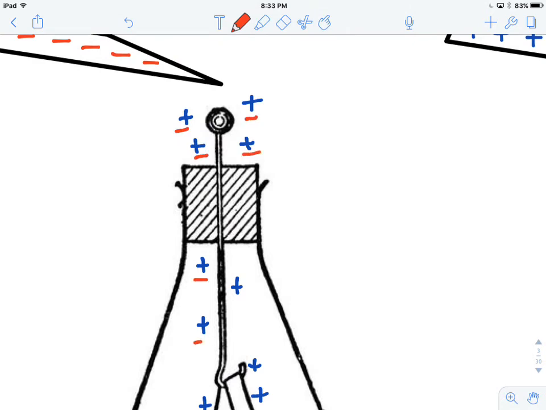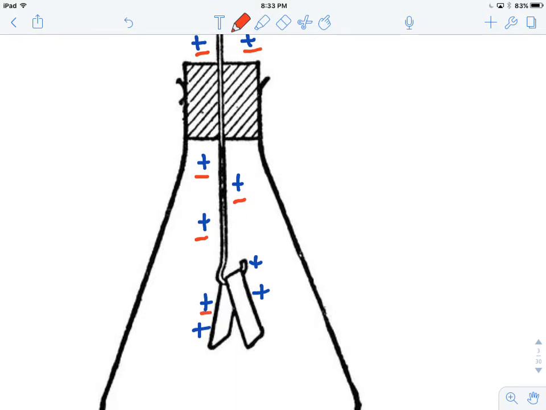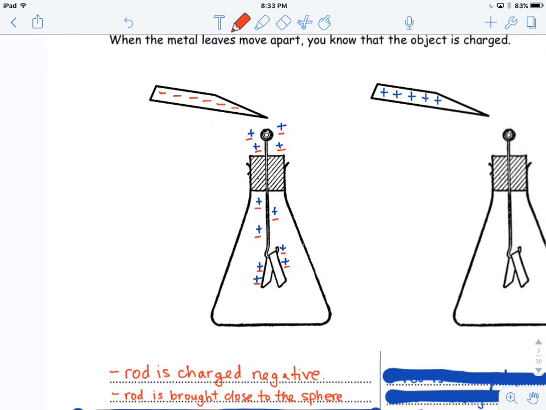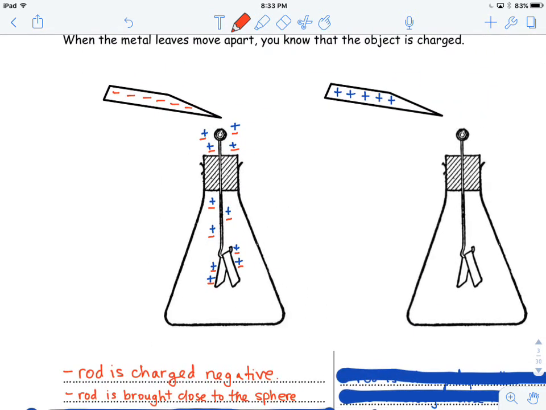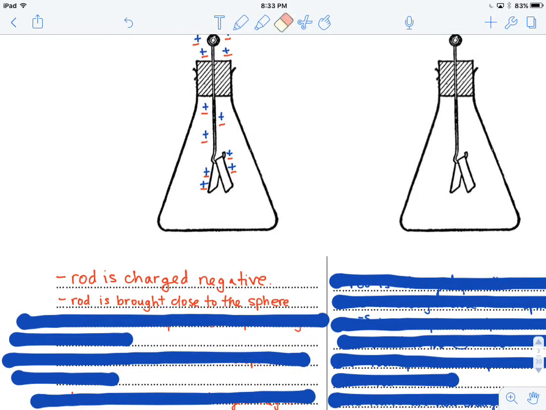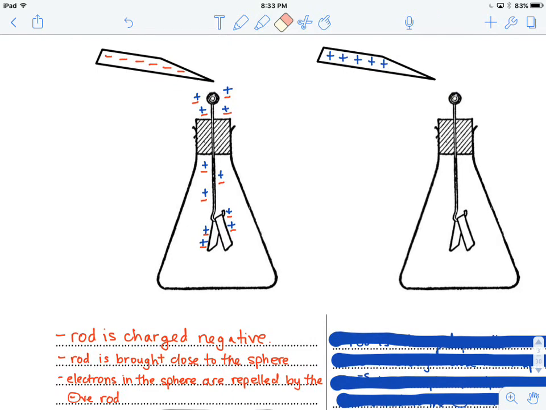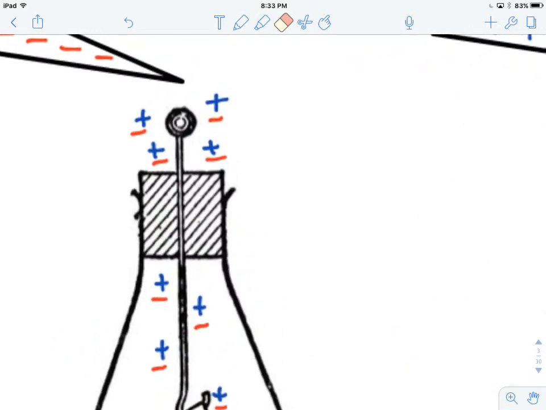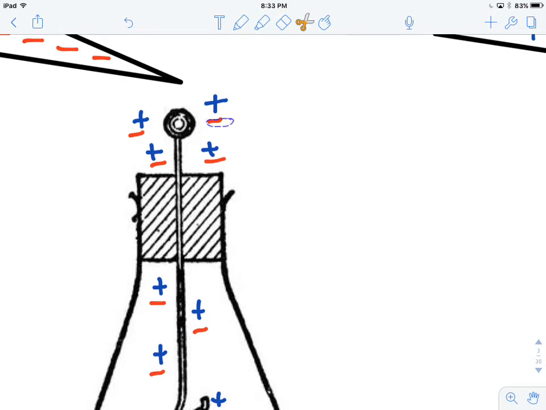But because the electroscope is neutral to begin with, the number of electric charges, positive and negative, balance each other out. However, we've now brought a negative rod close to this metal sphere at the top. And so the electrons in the sphere are going to be repelled by the negative rod.